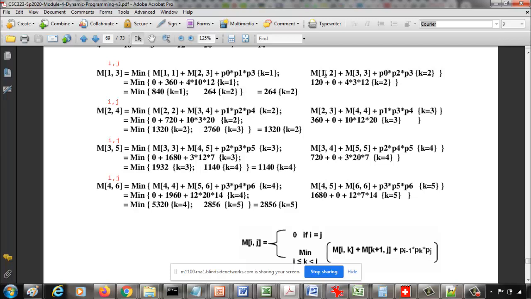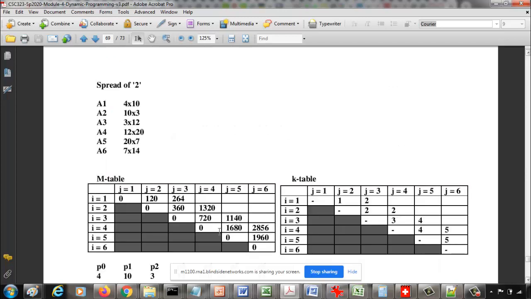So M of 1 comma 2 is 120 from the table, and M of 3 comma 3 is 0 because that's the diagonal cell, the i equals j case, and then 4 times 3 times 2, which is P0, P2, P3. So you get 264 for K equals 2. That's the minimum between 840 and 264. So record 264 here for M of 1 comma 3, and the K value is 2.